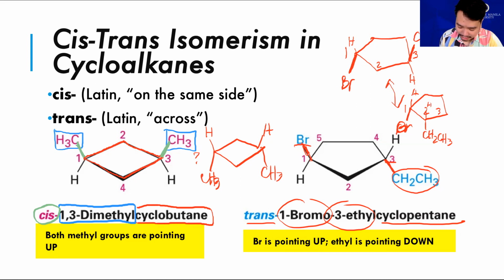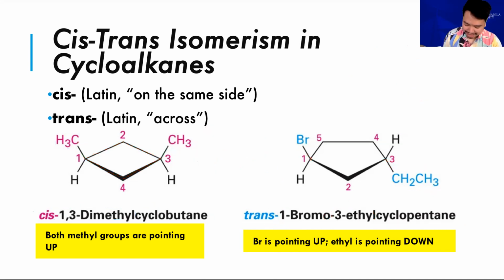Are these still cis-trans isomers? No. Ano nang relationship nila? They both have a cyclopentane, they both have a bromine, they both have an ethyl. They're now just constitutional isomers. Exactly. Hey, good job.